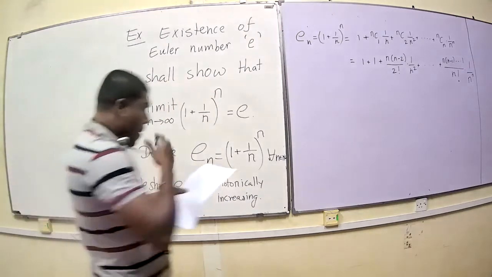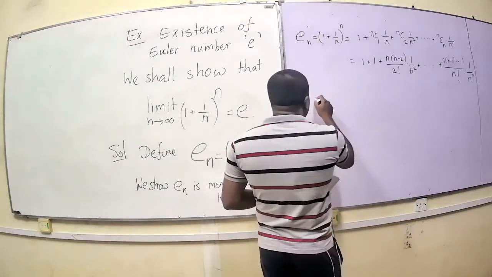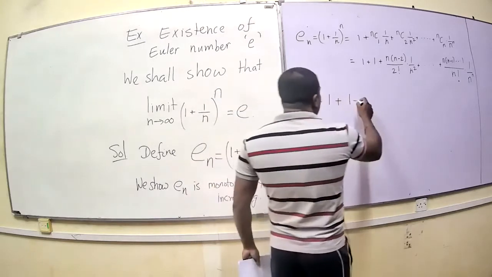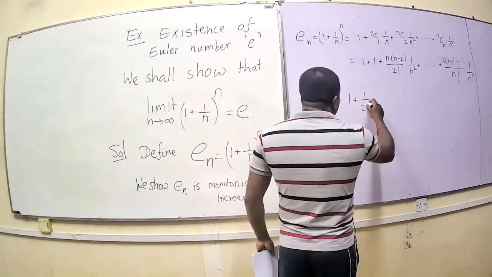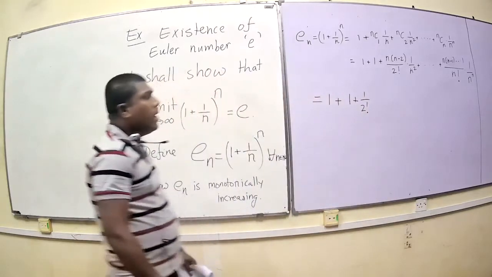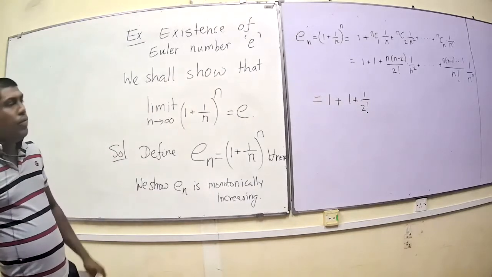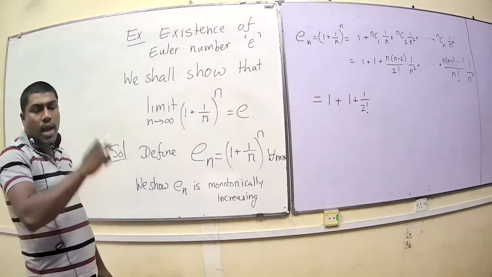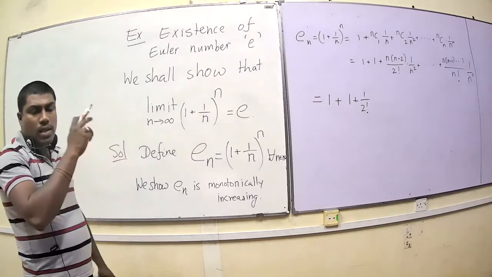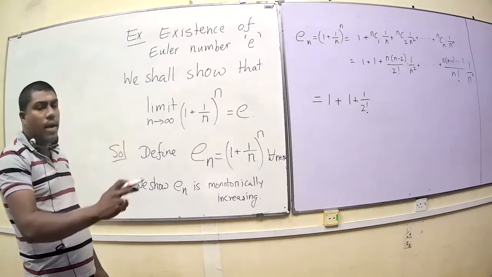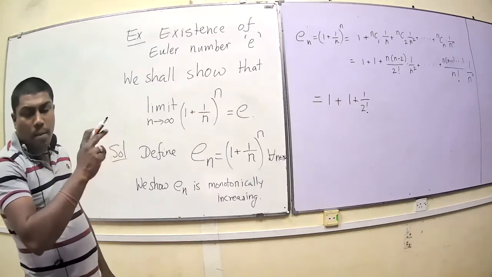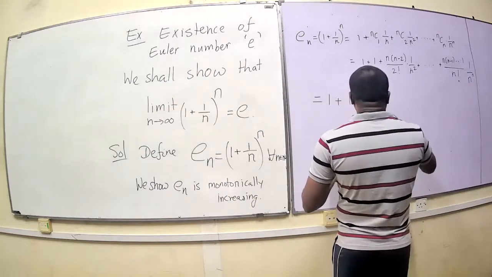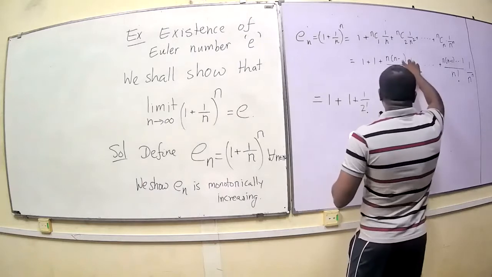So if you simplify this, you can notice that this is actually 1 plus 1 plus 1 upon 2 factorial. You take out 1 upon 2 factorial and divide by n. n times (n minus 1) divided by n squared, so that is n squared minus n divided by n squared.